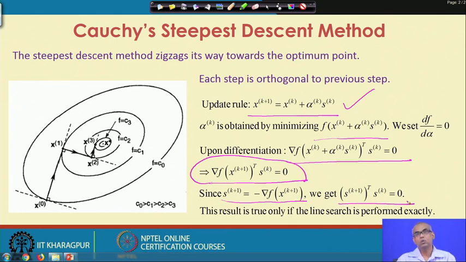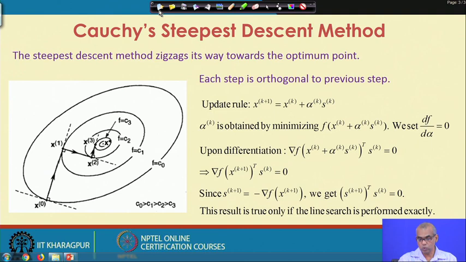That means two consecutive search directions are orthogonal to each other. So, that is why you see that the steepest descent method zigzags its way towards the optimum point. Remember, this result is true only if the line search is performed exactly. That means the value of alpha k is determined exactly.